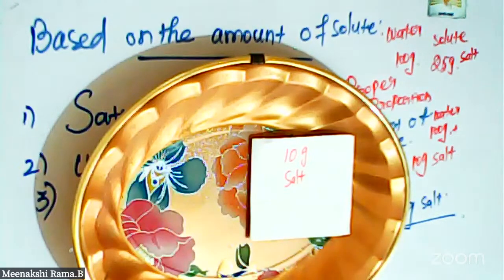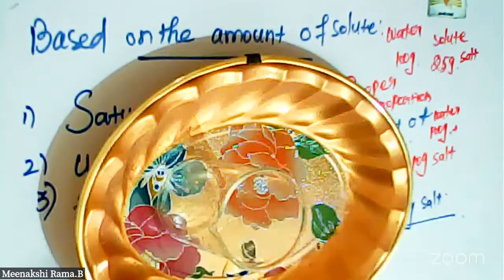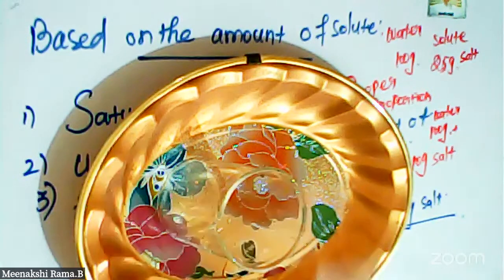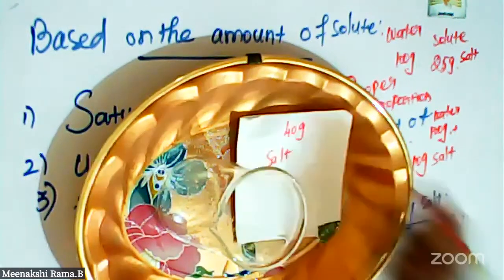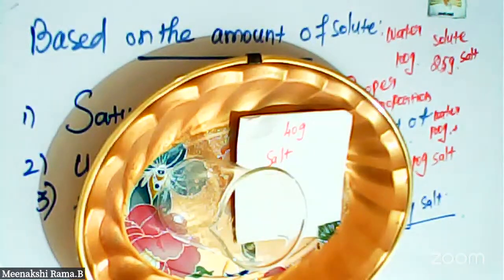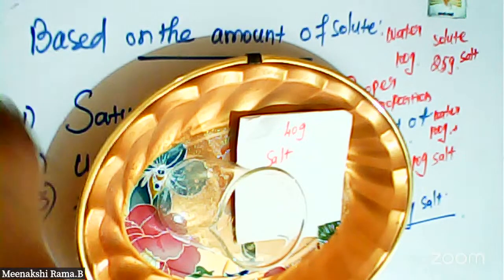And then the next one is supersaturated solution. Supersaturated solution means that the solute gram is higher compared to the saturation, because the saturation level is 25 gram only. Is it?